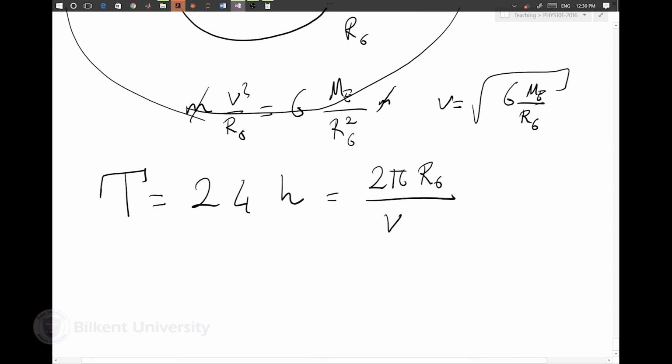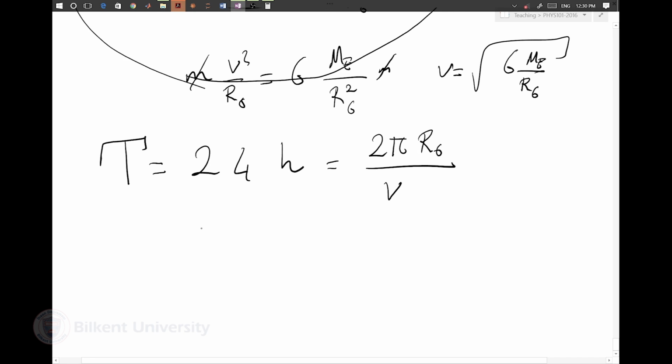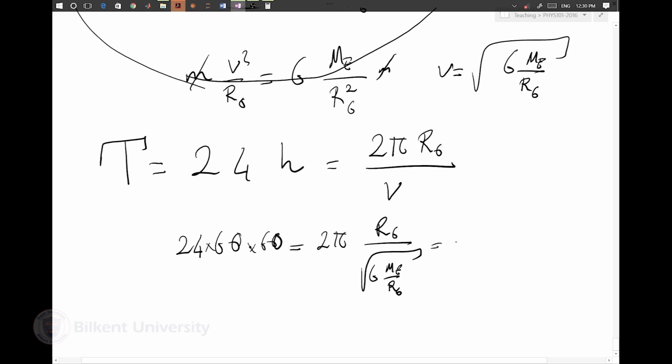So if I write everything, 24 times 60 times 60 is going to be 2 pi r_G divided by the square root of G M Earth over r_G. So this is going to be 2 pi times 1 over the square root of G M Earth times r_G to the 3 halves.